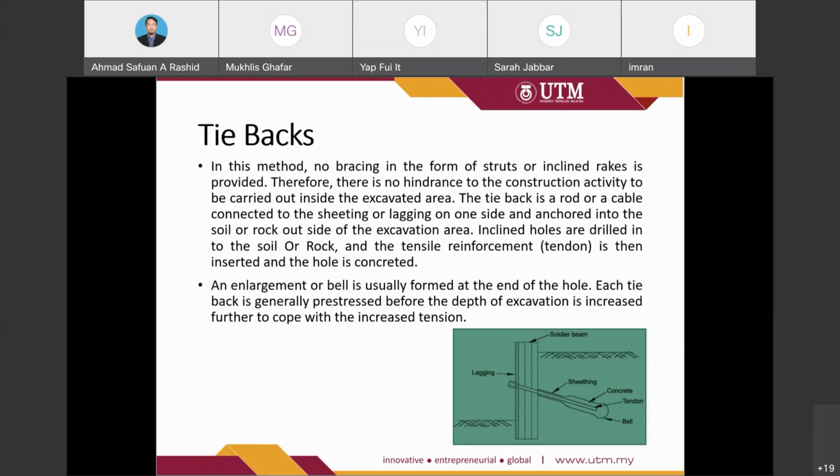And then the anchor is usually formed at the end of the hole. Each tieback is generally pre-stressed before the depth of excavation is increased further, to cope with the increased tension.